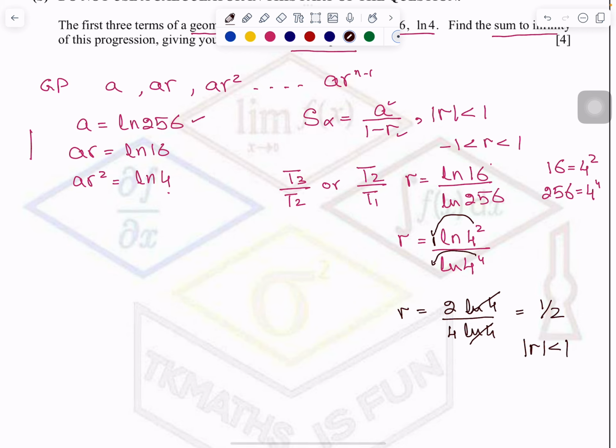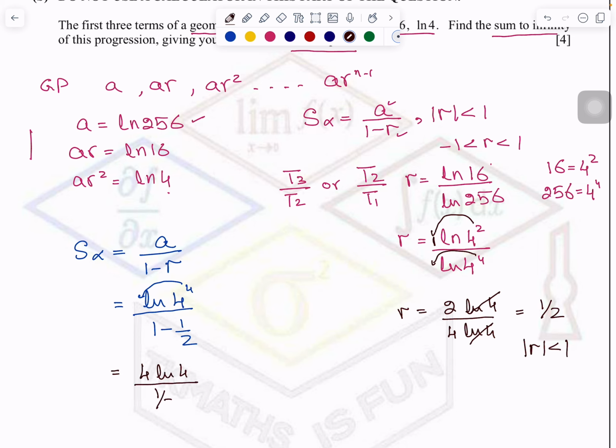So now I have r, I have a. So let me find out the sum to infinity. Sum to infinity is a over 1 minus r. So my a here is ln 4 power 4. 1 minus r is what? Half. This 4 will come here as a multiplier, so it will become 4 times ln 4. 1 minus half is half.